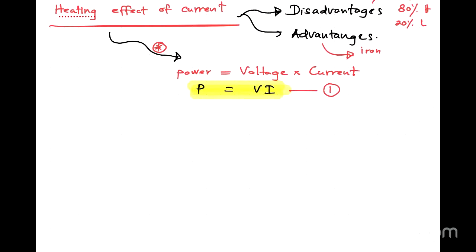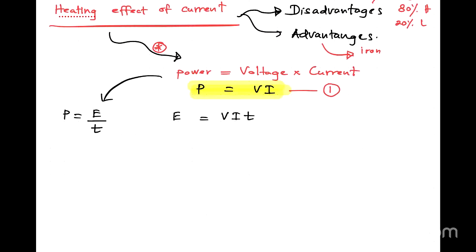And the second equation is that here we can convert this power into something related to energy, right? So that equation is energy equals VIT. Energy equals VIT. How we got this equation is that power will be equal to energy over time, right?